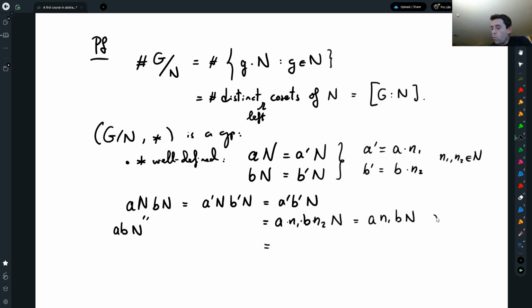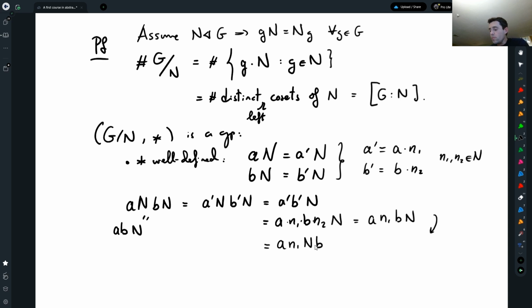Now, we assume that N is normal in G, which remember means that gN is the same as Ng for all g in G. So bN is the same as Nb. So this is a n1 N b.